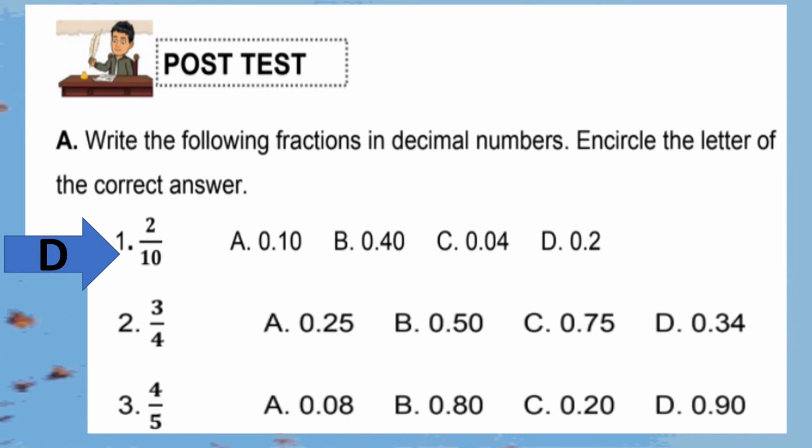So, what is the correct answer? Is it A, 25 hundredths, B, 50 hundredths, C, 75 hundredths, or D, 34 hundredths? Okay, correct. It's letter C, 75 hundredths.